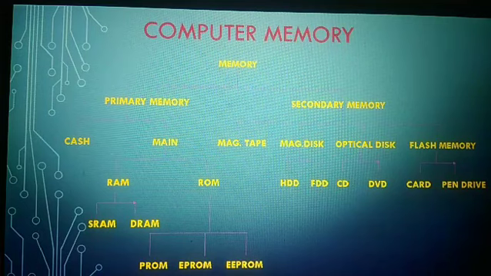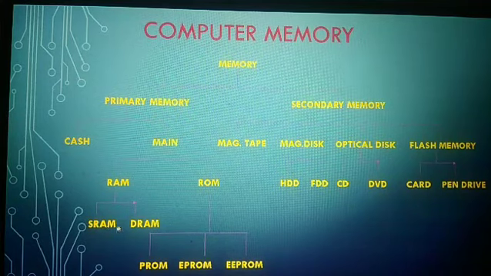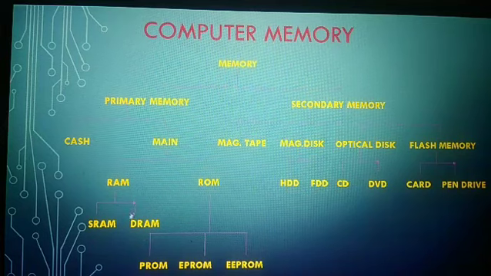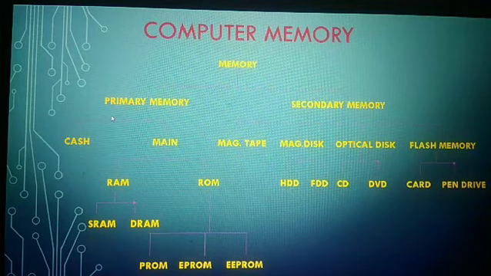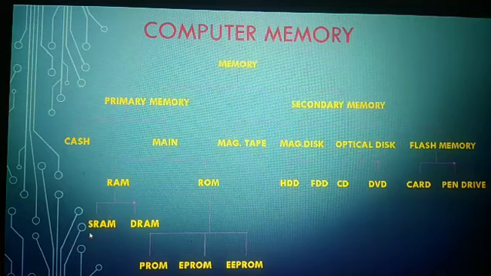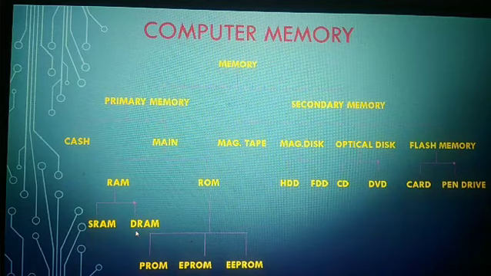Basically we use two types of RAM: SRAM and DRAM. This is the types of chip. Is it clear? So it also stores our data, but it stores data temporarily. Is it clear? SRAM means static random access memory, and DRAM means dynamic random access memory.